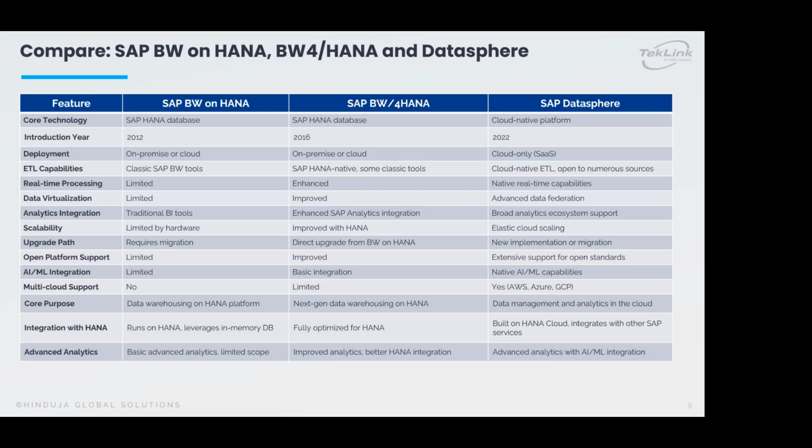AI and ML features are going to be richer and richer in DataSphere, and integration with native HANA memory is also available, and it's built on a cloud-based platform behind the scenes with very fast columnar storage, so it gives you one of the best performance.